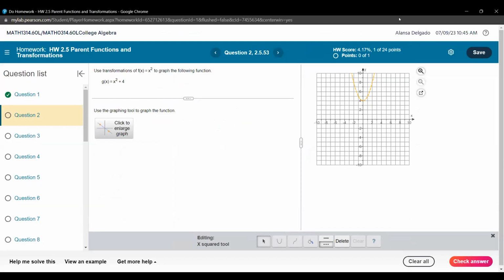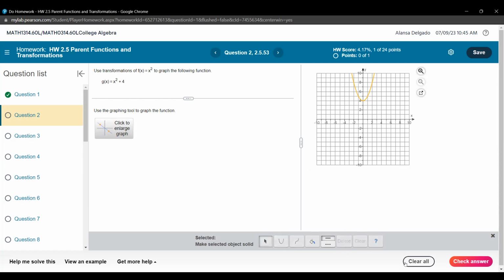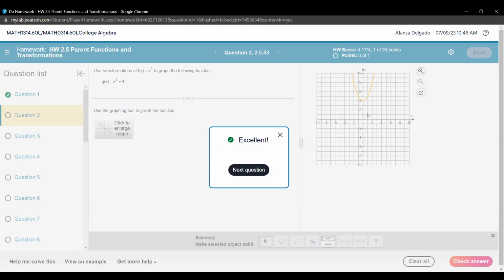How do I? Because the graph is right. I don't know. Maybe it's because I had it in dotted form.